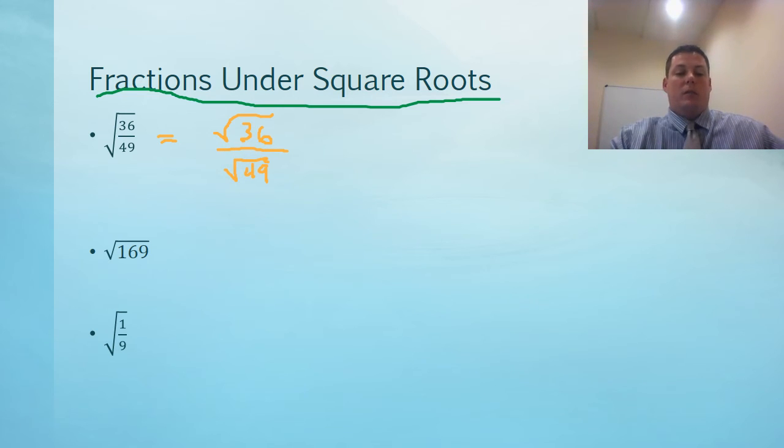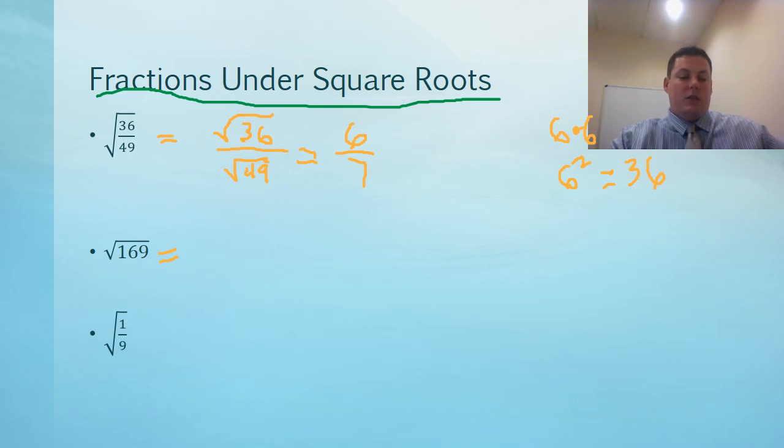If we type the square root of 36 into our calculators, we get 6 over 7. We type in separately the square root of 36 and the square root of 49, and you'll see you get 6 and 7. What the square root means is if I did 6 times 6, another way of writing that is 6 squared, I get 36. So the square root is the opposite of squaring.